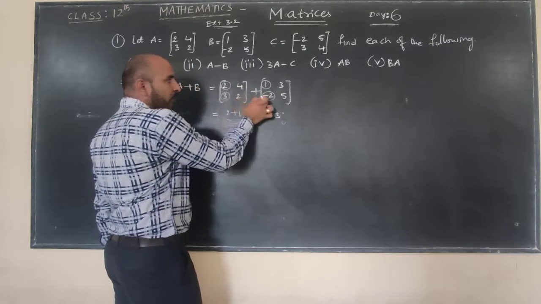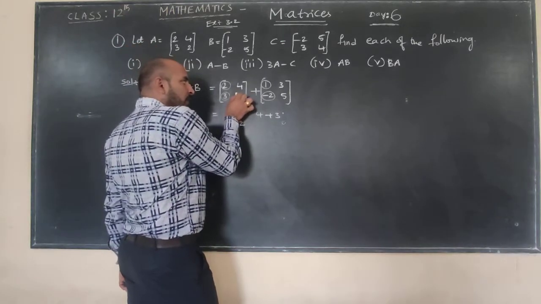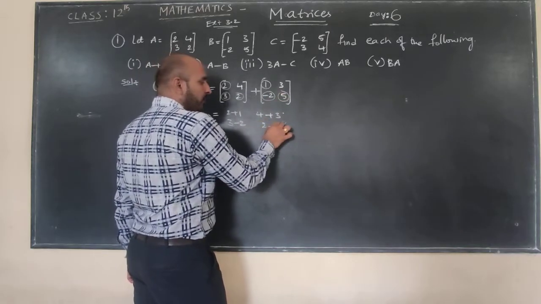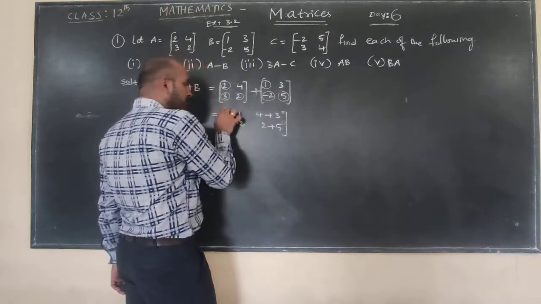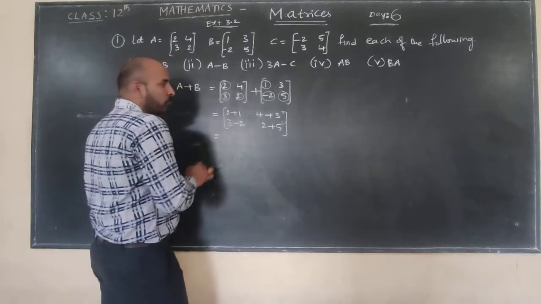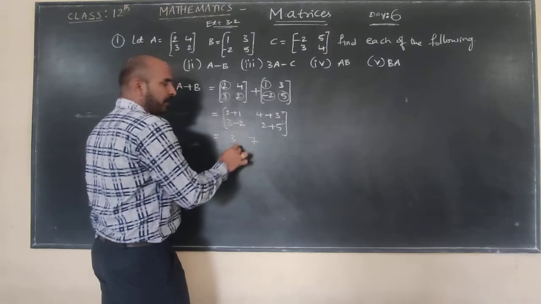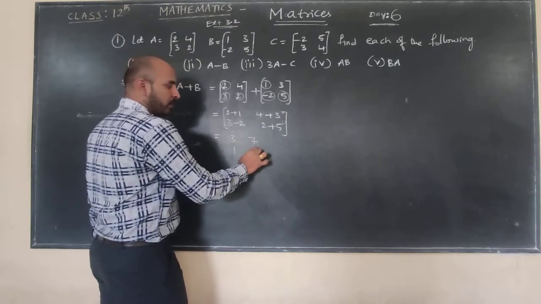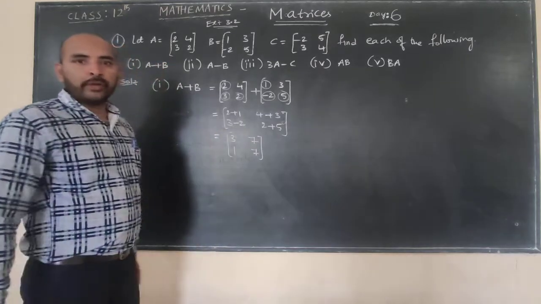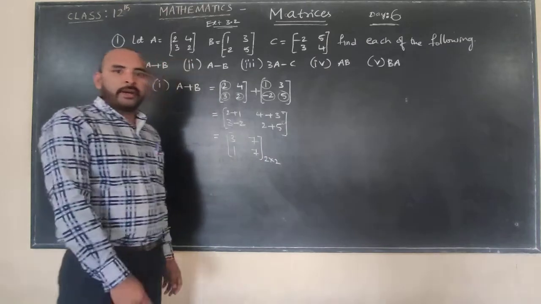And the last element, 2 plus 5. Same positions must be added. It is equal to 3: 2 plus 1, 3; 4 plus 3, 7; 3 minus 2, 1; 2 plus 5, 7. It is also a 2 by 2 matrix.